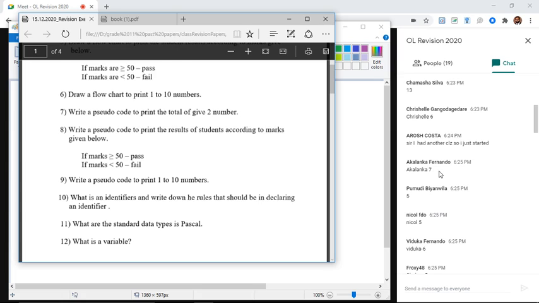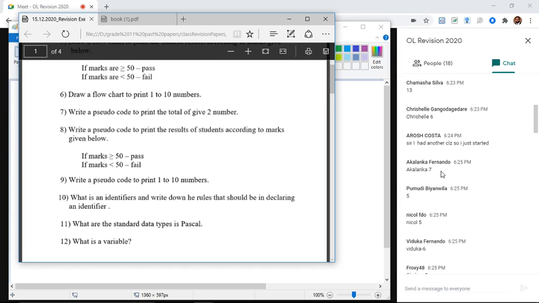Right, okay. Why have you taken C equal 1? The question is to draw a flowchart to print 1 to 10. To display the first number, right? And you have given less than or equal 10.